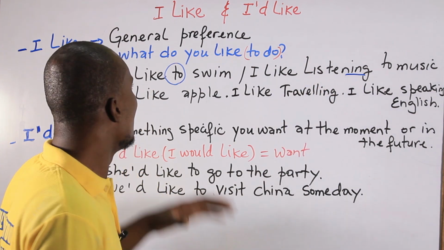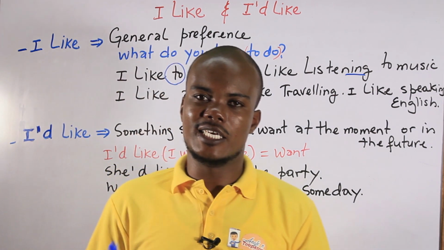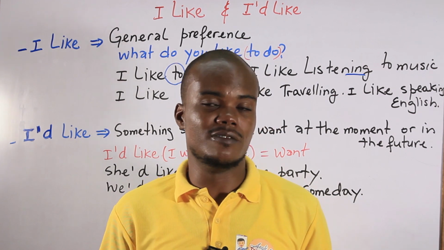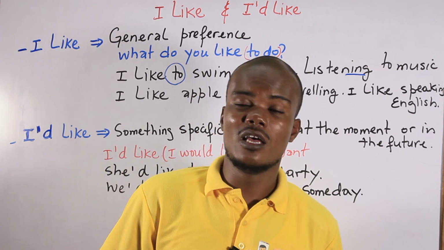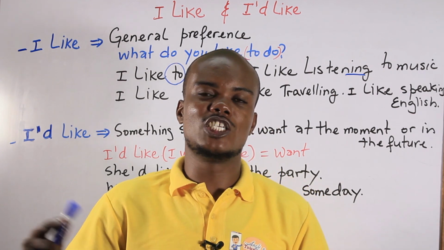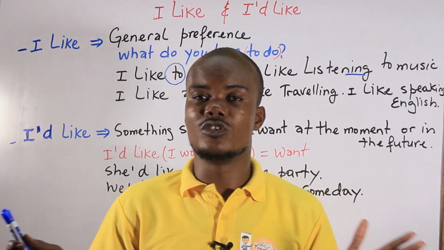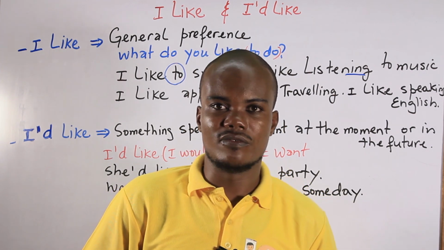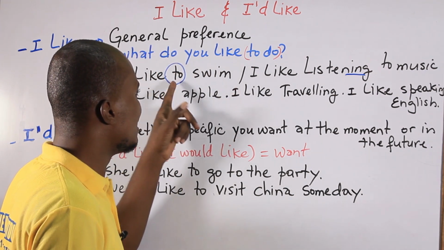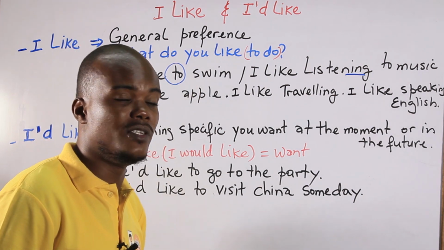It's because for like you can use either the gerund or the infinitive. That means when you use like, you can put ing on the verb that comes after, or you can put to to make the infinitive. Let me show you. I like to swim. Here after the verb to like, I put the verb to swim in the infinitive.